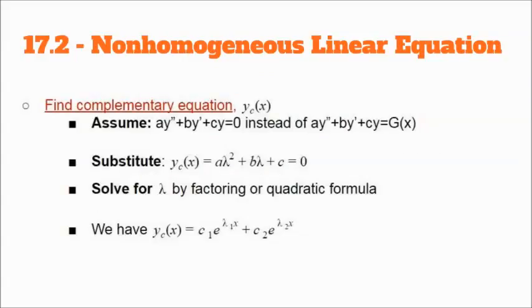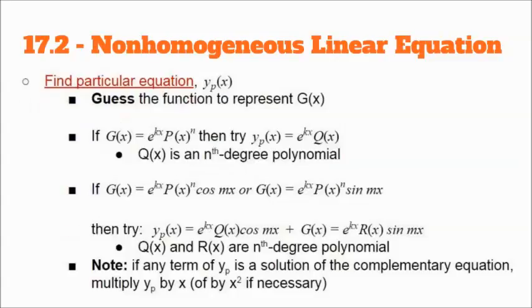To find the complementary solution, yc of x, you find the homogeneous solutions and the eigenvalues, and you plug them back into yc of x to get that part of the solution. Now, to get the particular solution, yp of x, you have to guess the function to represent g of x.